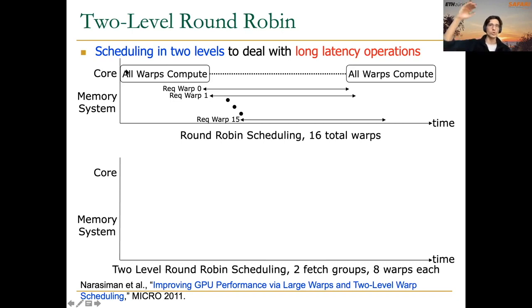Remember, the load, add, mul, store code, simple code. There will be parts of the computation where all threads are computing, right? Like, for example, they all are in the add instruction, they all are in the mul instruction, but at some point, all of them will have to execute a load or a store. And the problem is that these accesses will start at different times, but at some point, they all will overlap.